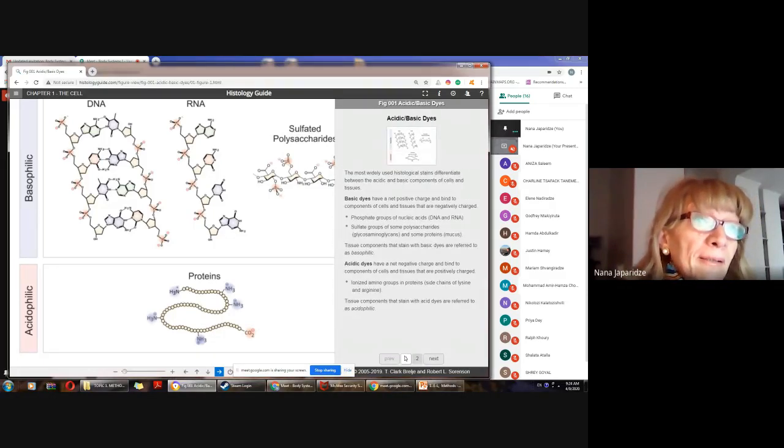Okay, so now I want to show you these different types of stainings and tissue samples which are stained with these two main types of dyes, basic dyes and acidic dyes.